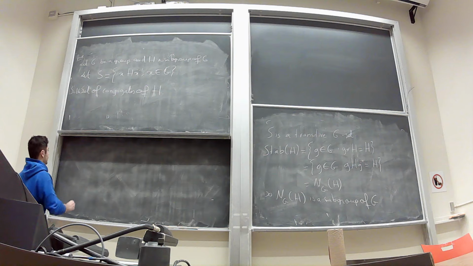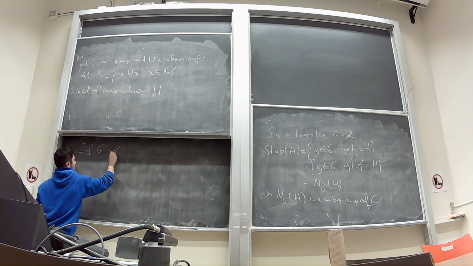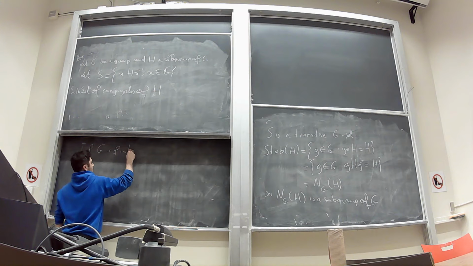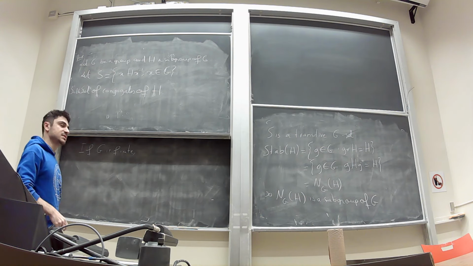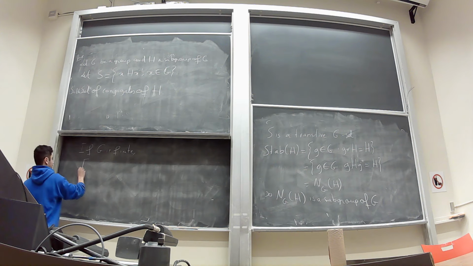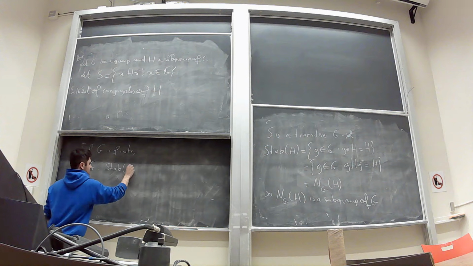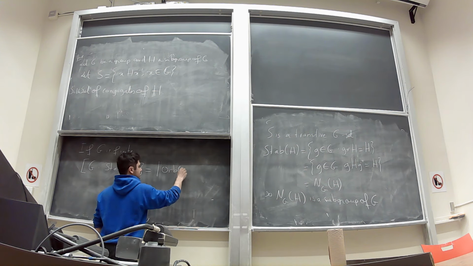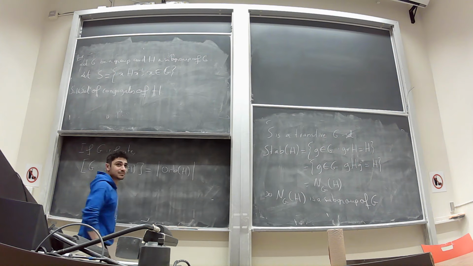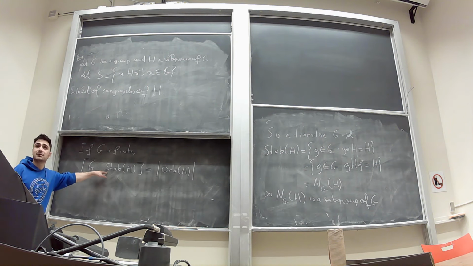Okay, so now if G is finite, let's apply the orbit stabilizer theorem. The size of the orbit of H is equal to the index of the stabilizer of H, right? Agree? So what is the stabilizer of H here?